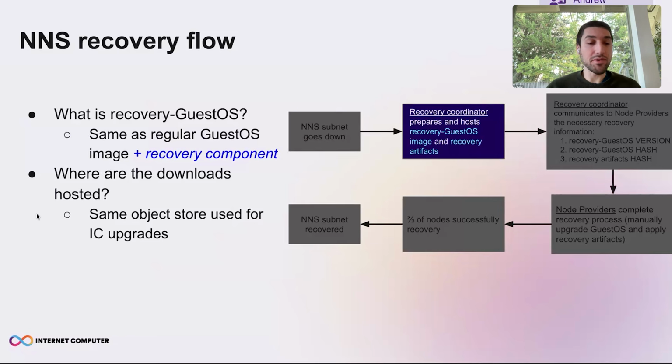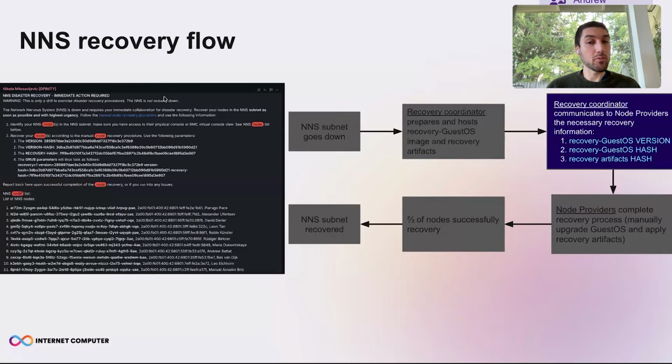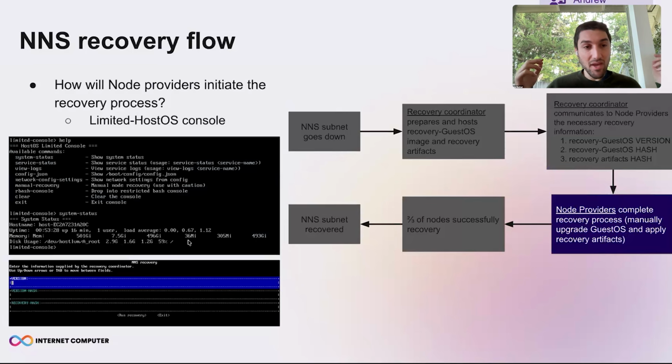The same object store used for IC upgrades. Once the work has been done to prepare and host these artifacts, the recovery coordinator would send out a message to node providers with all the necessary information. This would likely be a message in the matrix channel that we use to communicate with all the node providers, and then the node providers would complete the recovery process.